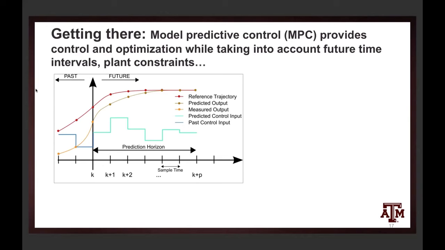The prediction horizon is the amount of time the internal model of the plant, which is in the controller, uses with the outputs of the plant to figure out what the controller inputs should be. It's also called receding horizon control, for that reason, because it sees into the future internally.